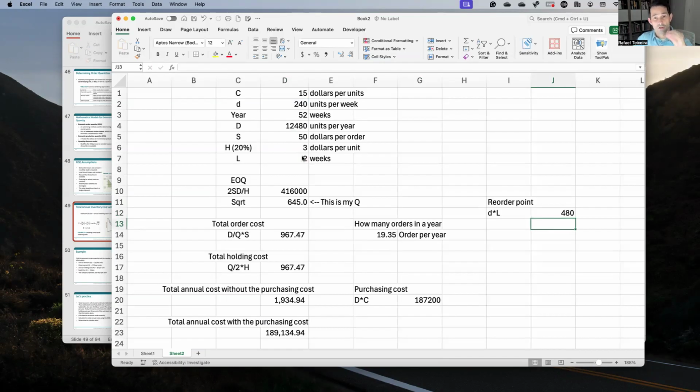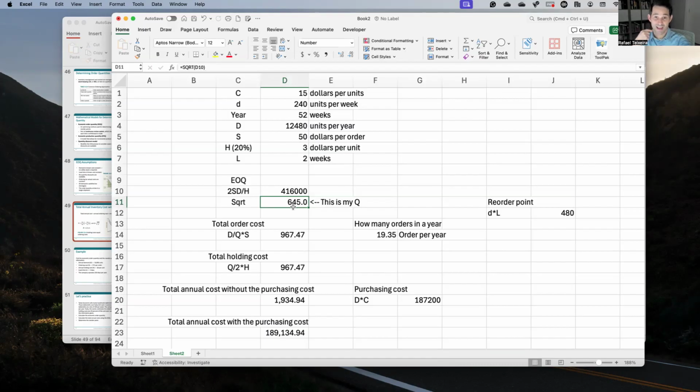So my inventory policy is going to be this. Every time I place an order, my policy says you have to buy 645 units. So the manager, the purchasing person, whoever is purchasing, doesn't have to think how many units.